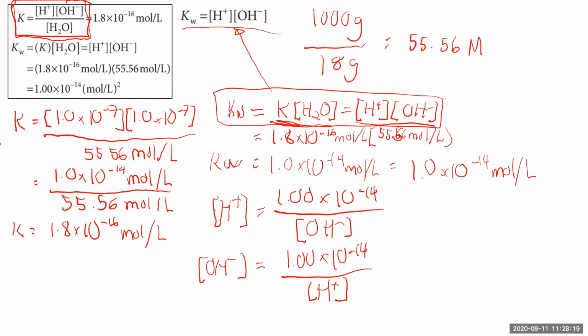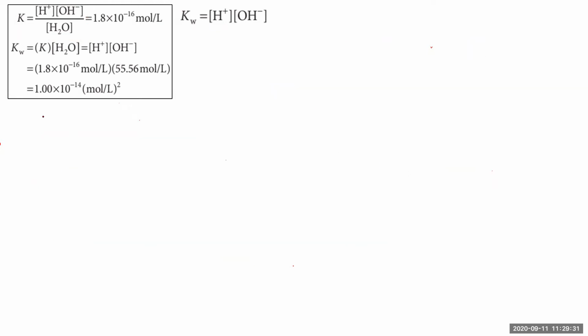So let's have an example. If we have a solution and the concentration of the hydrogen ion is equal to 4.0 times 10 raised to the power of negative 3, what's the concentration of the hydroxide ions? So, we will use the formula.